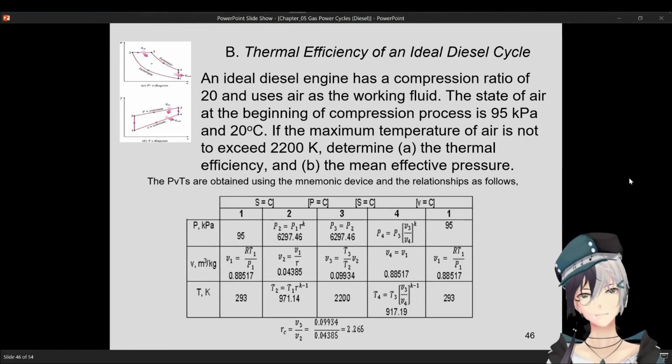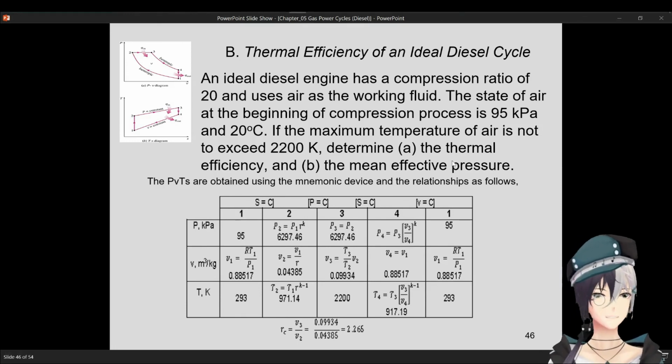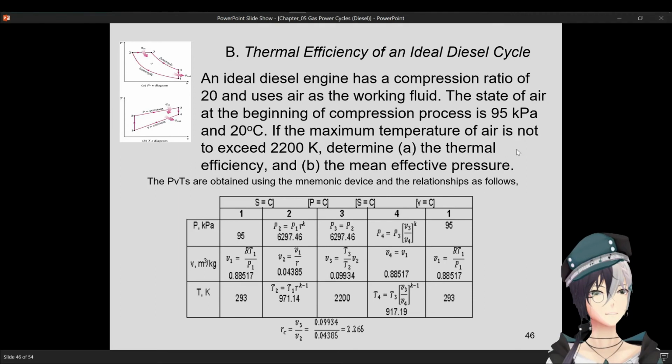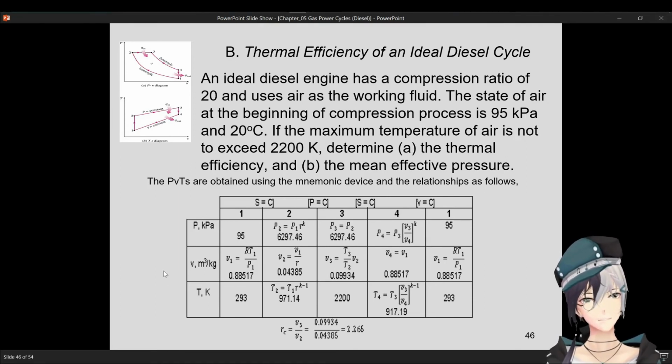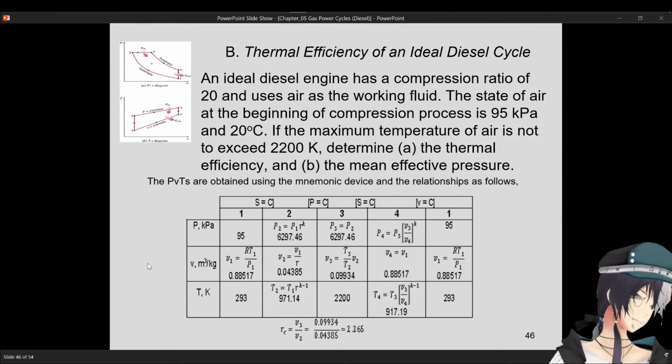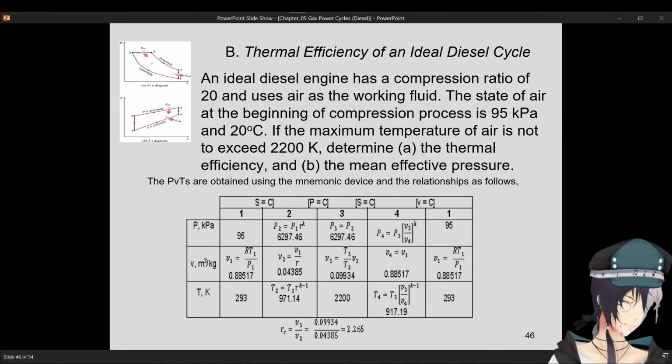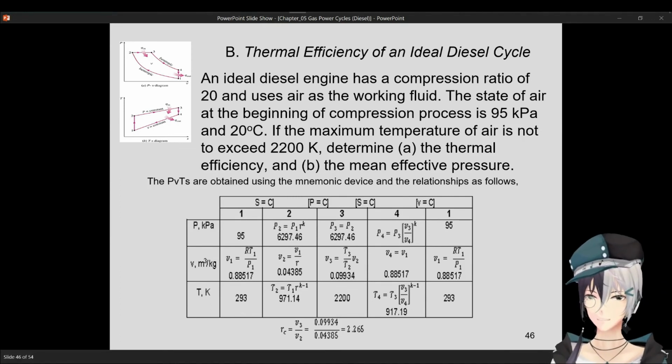Okay, so as a hint, as you can see, mass is not given. So instead of volume, we are using specific volume. So you solve for a specific volume, so volume per unit mass.